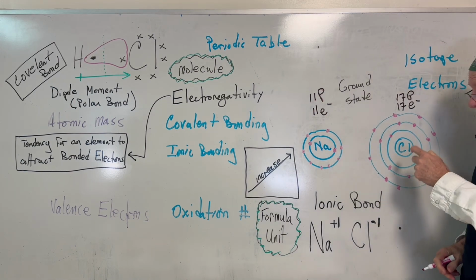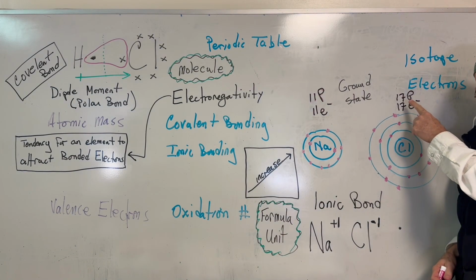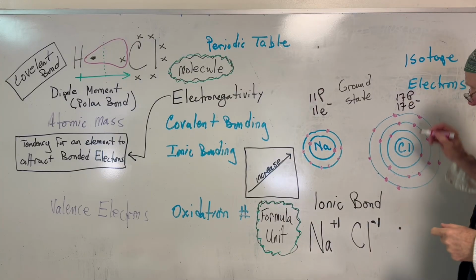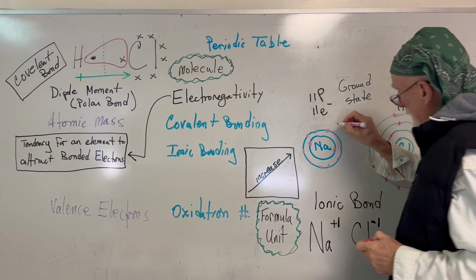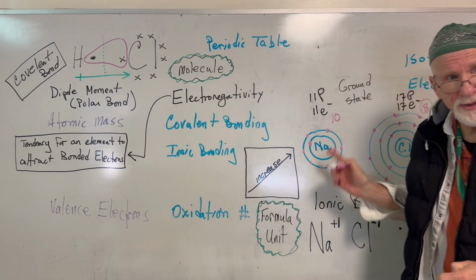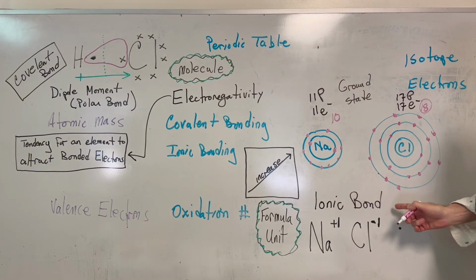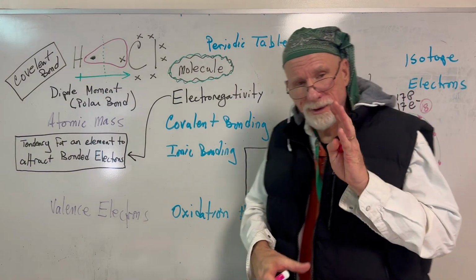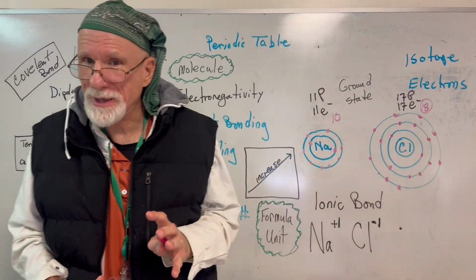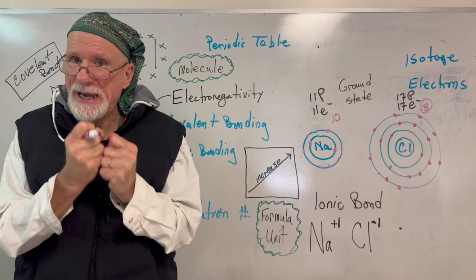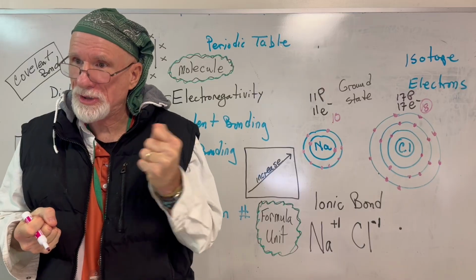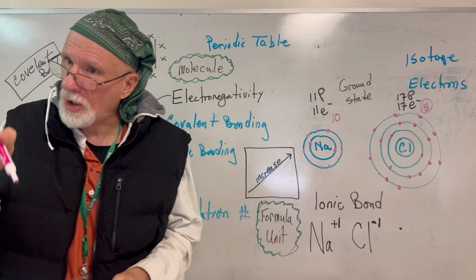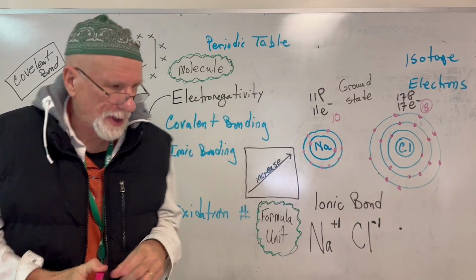So now it's still chlorine because it still has 17 protons, but it now has 18 electrons. This has 10 electrons. This is like neon. This is like argon. That's ionic bonding, where you have the complete and absolute transfer of electrons from one element to another, as opposed to covalent, which is more sharing.